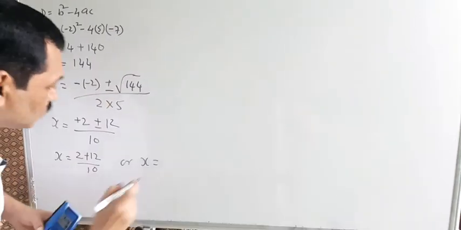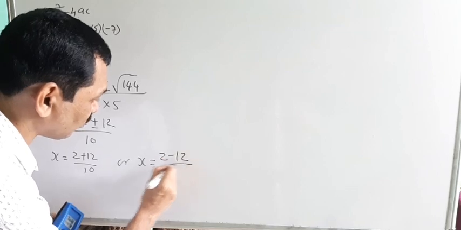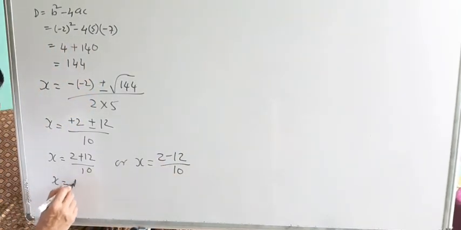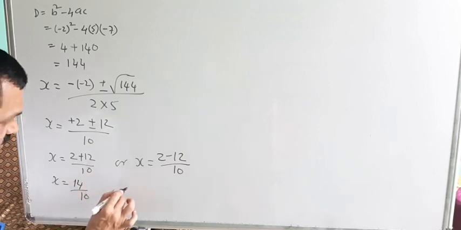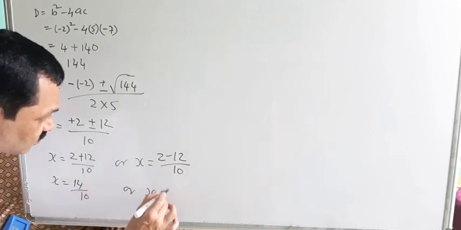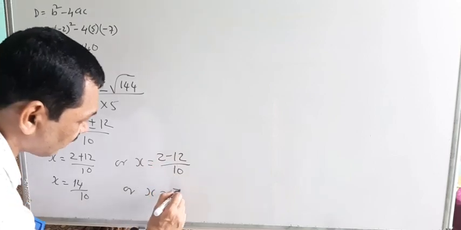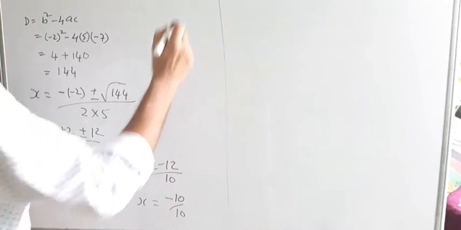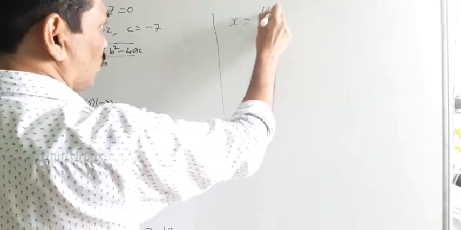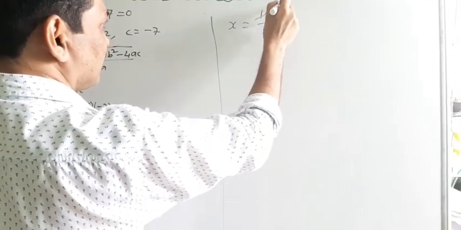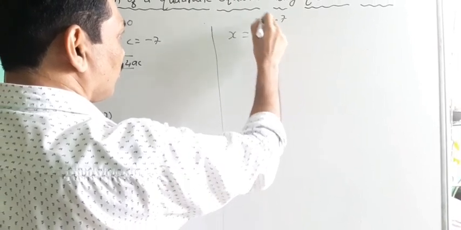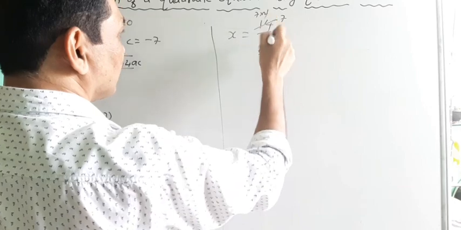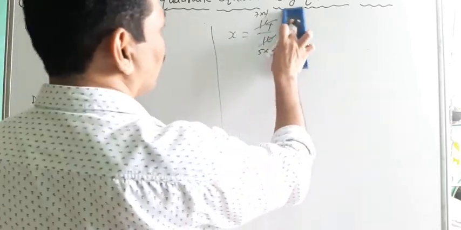So this gives us x is equal to 14 upon 10, or x is equal to 2 minus 12, which is minus 10, upon 10. 14 upon 10 can be simplified further as 7 upon 5, because this is 7 into 2, this is 5 into 2, the 2 cancels, and 7 and 5 remain.